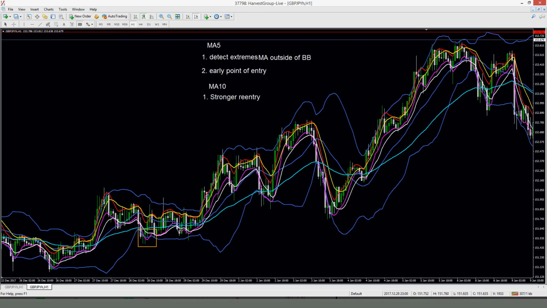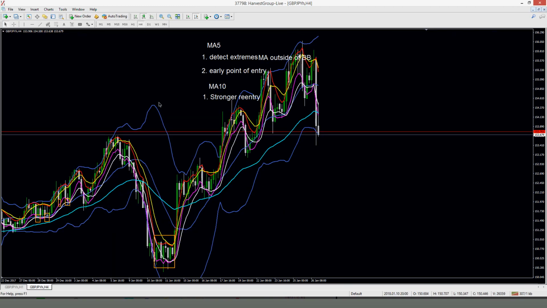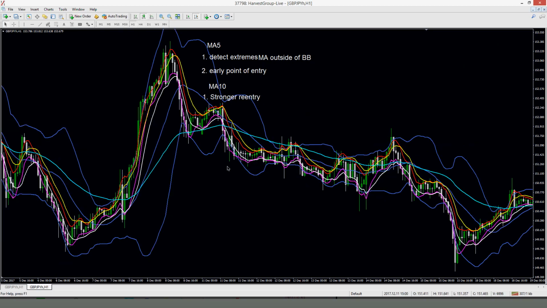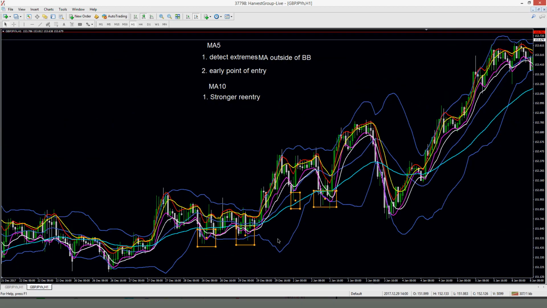If this was H1, then the re-entry should probably be at H4. So you have these extremes. If you look at H4, then you know that this is a re-entry buy, as you can see over there. So EMA 50 also gives you information that there's a setup on a much higher time frame than what you're looking at right now.